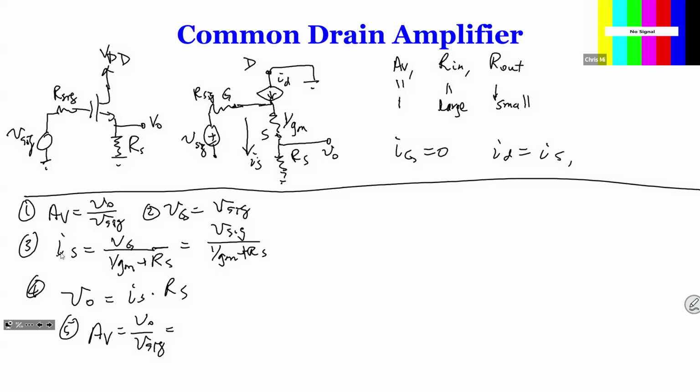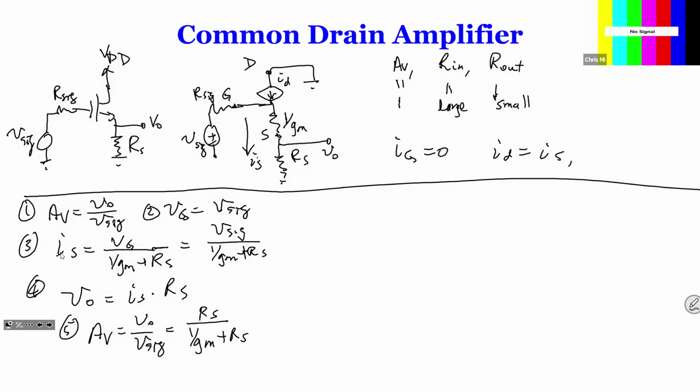VO is RS times IS, VSIG will divide by on the other side. So it becomes 1 over GM. So we find the gain to be very simple. It's going to be just RS over RS plus 1 over GM.